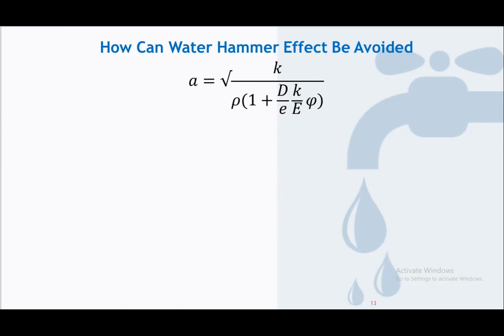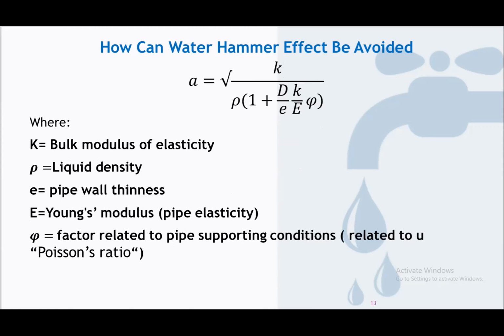There are a lot of parameters that affect wave celerity. They are the bulk modulus of elasticity, K, rho, the liquid density, D, of course, the pipe diameter, e, the wall thickness, and capital E, Young's modulus, the pipe elasticity, which depends on the pipe material.